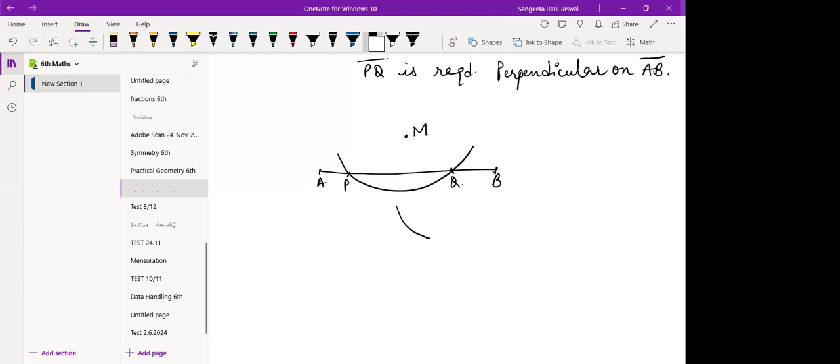Now you have made an arc here. Now keeping the pointer at P, with the same compass measurement, make an arc like this so that these two arcs intersect. And you can name this point as N.